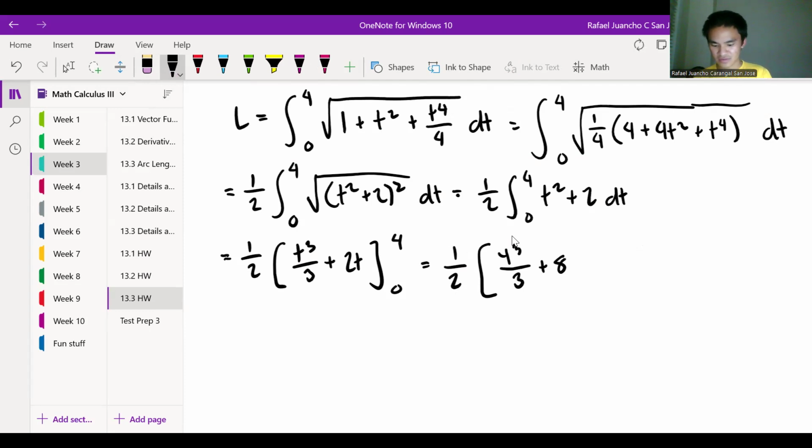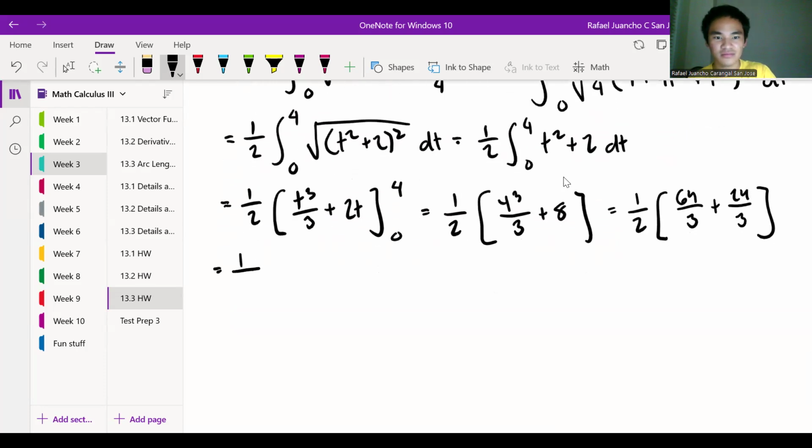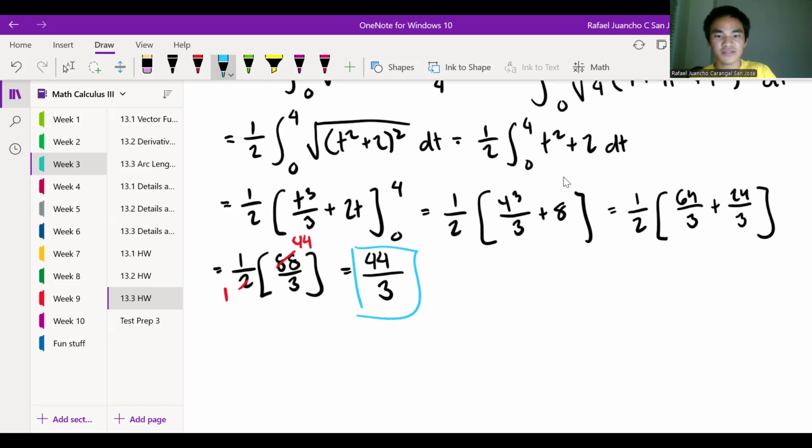That is 64 over 3 plus 24, and I got 88 over 3. Goodness me. Then I can cancel, I get 1 times 44. So I'm left with 44 thirds as my final answer.